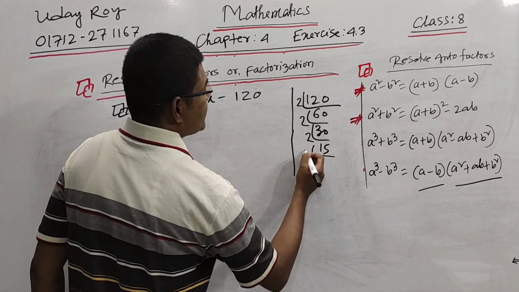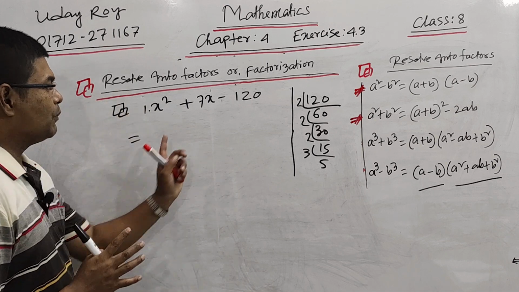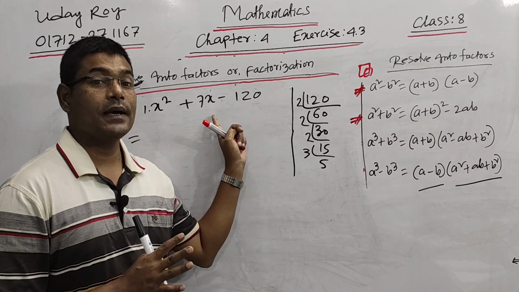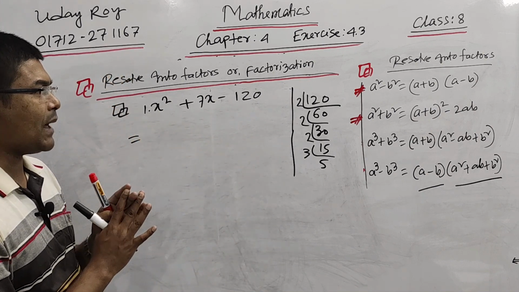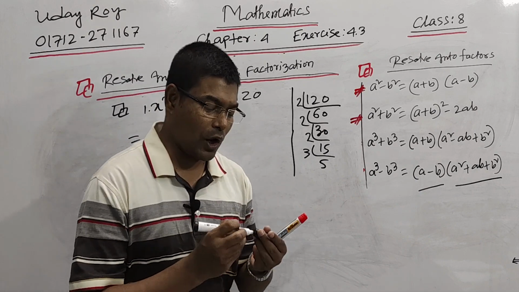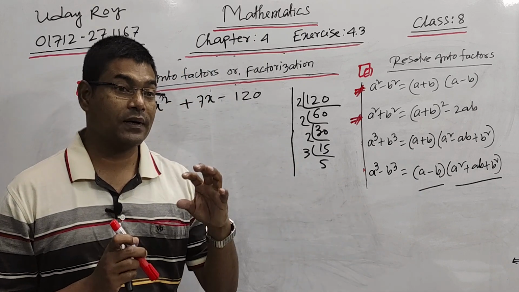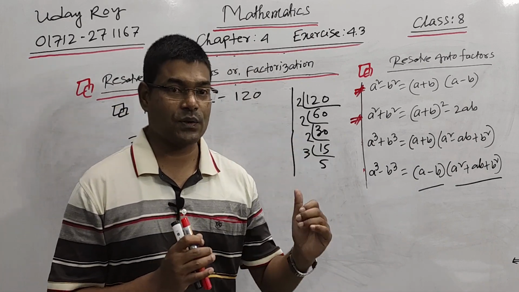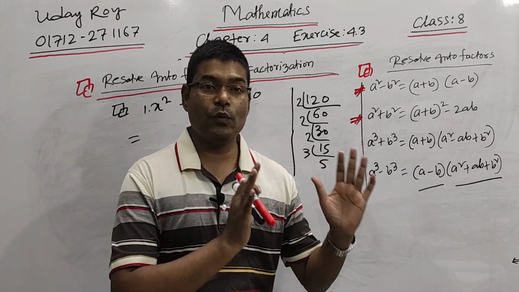Now it will go by 3 5s are 15. We have to bring 7x anyhow. At first, if you resolve into factors, you have to solve the maths using the rules of a square minus b square, a square plus b square, a cube plus b cube, and a cube minus b cube.